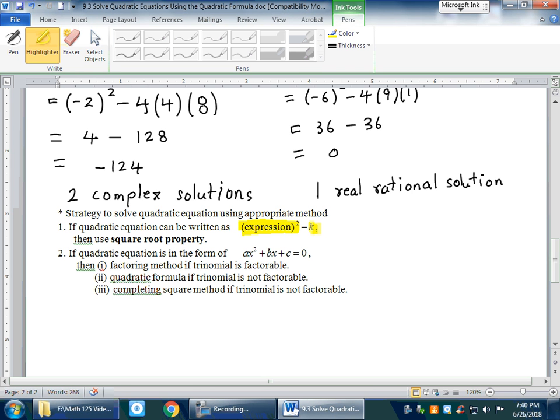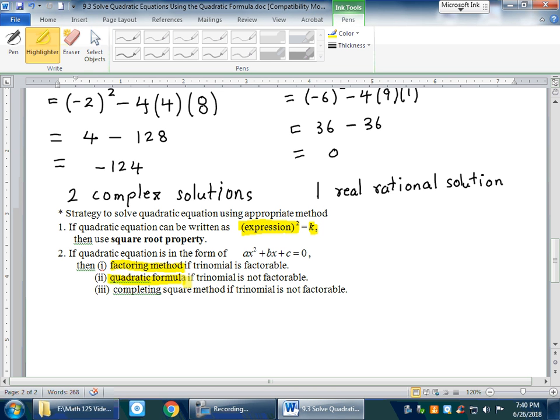If the square root property is not applicable, then you have choices. And the choice that we're going to make is always checking, can I solve by factoring methods? Because when you factor it out, you can use the zero factor property to solve it. If the quadratic equation is not factorable, then we will use the quadratic formula to solve it.